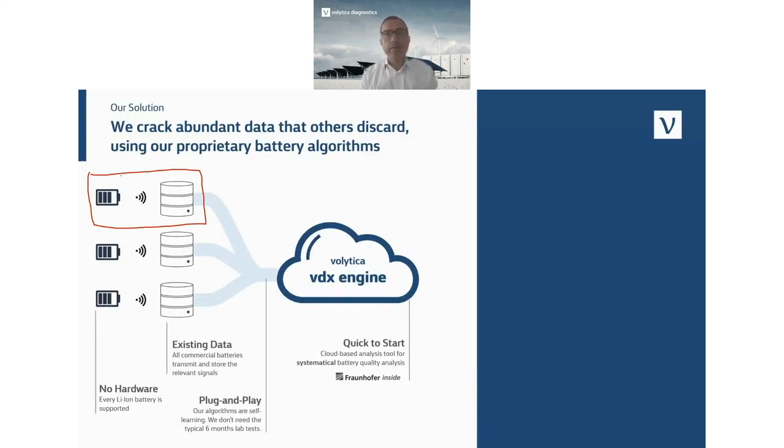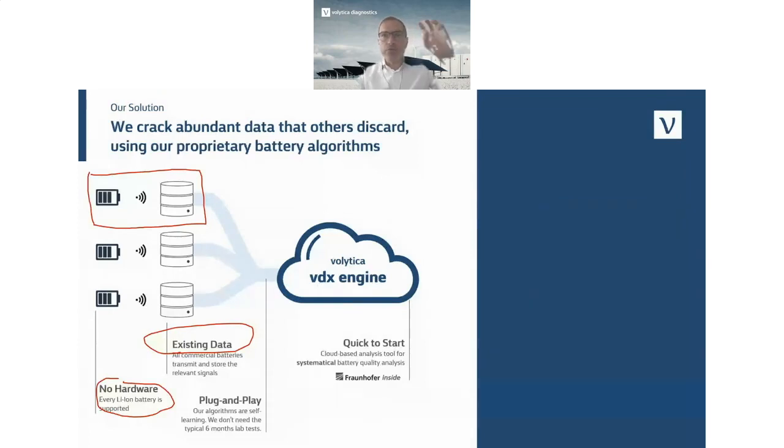But very typically, this data is not analyzed systematically and continuously, although there is so much information contained in it. You of course need some form of software to unlock what is inside. Very important: we do not install additional hardware. We use what is already there. The software that analyzes this data we call the VDX Engine. VDX is an abbreviation for Analytica Diagnostics.